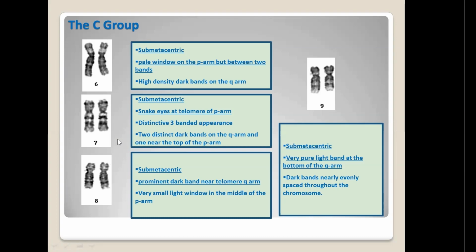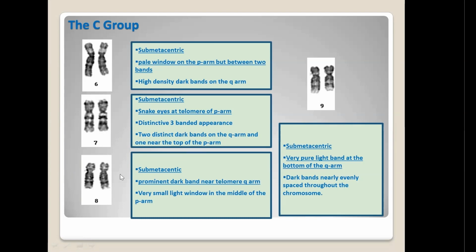Chromosome 8, again submetacentric, has a prominent dark band near the Q arm telomere and a very small light window in the middle of the P arm. I will repeat. There is a prominent dark band near the Q arm telomere and a very small light window in the middle of the P arm.